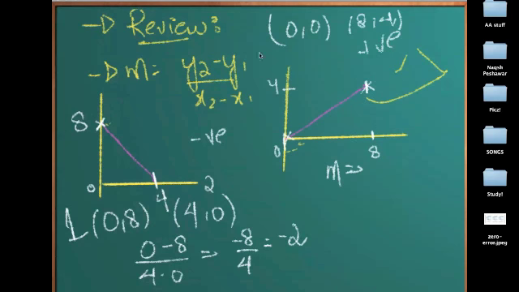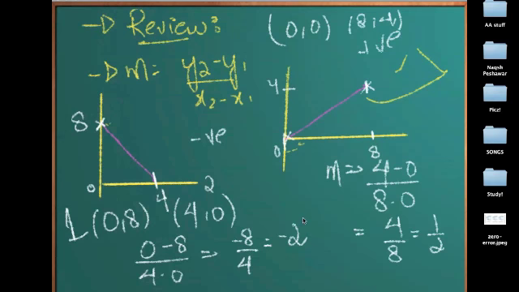8 on the x-axis, 4 on the y-axis. So the formula says y2 minus y1 over x2 minus x1 again. So 4 minus 0 divided by 8 minus 0. This gives me 4 over 8, which is 1 over 2. Although this is less than 1, it's still positive. So this tells me that the line is increasing like this.